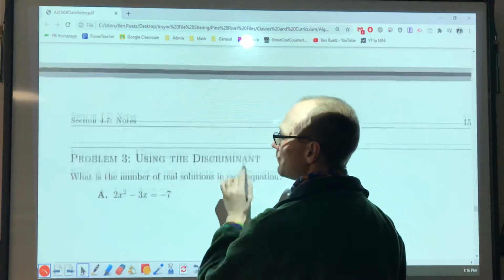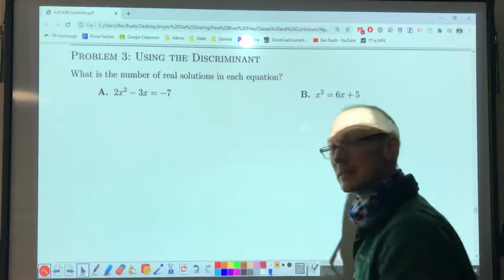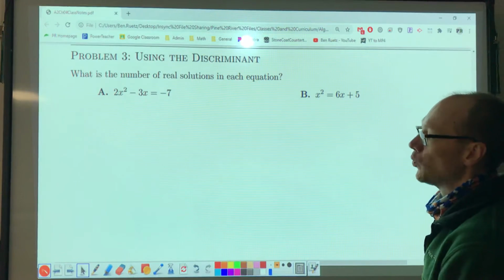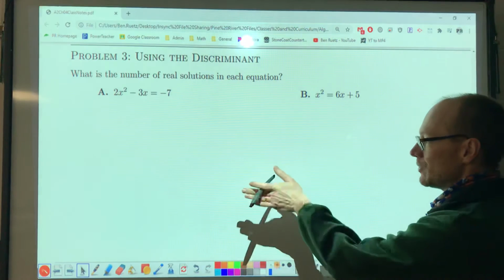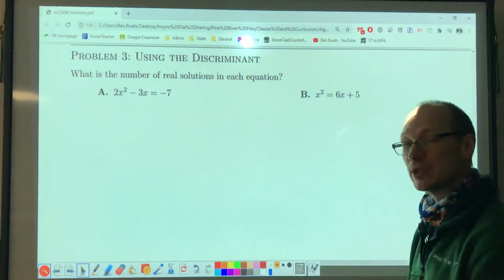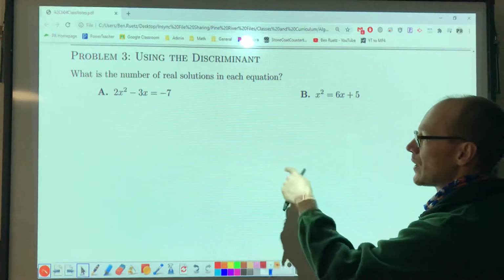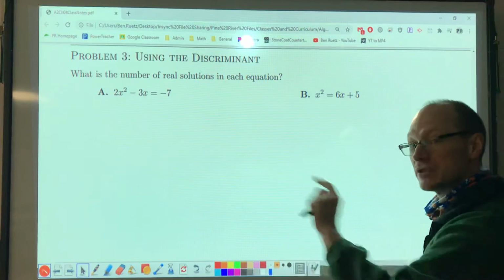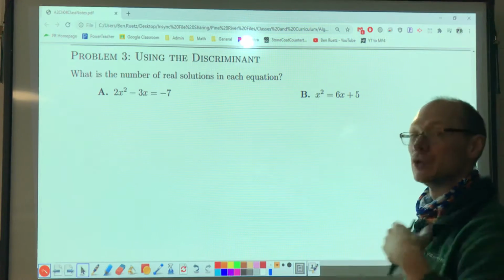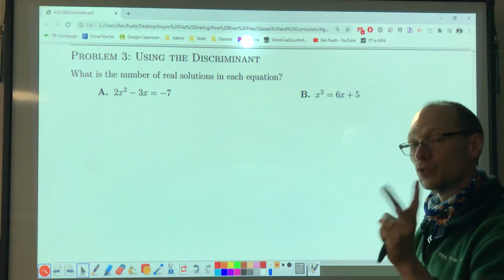Let's continue on with using the discriminant. I've got a really nice table that you can see in the notes page where if you have the square root of a negative number, well, there's no real solutions. If you have the square root of 0, then there's one solution, and it's rational. If you have the square root of a perfect square, then you have 2 rational solutions.